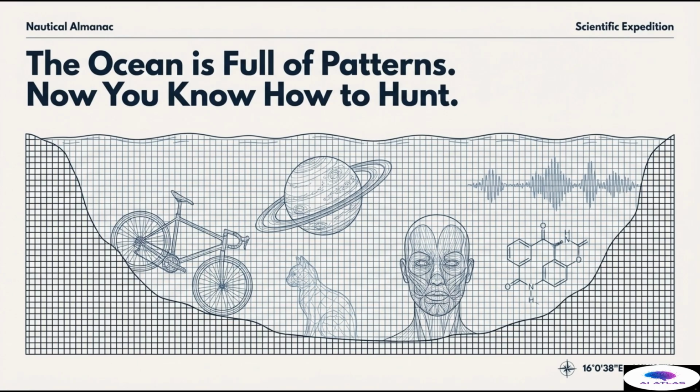The ocean of data is full of patterns, and now you know how to hunt. While we have focused our discussion primarily on image recognition, the fundamental principles of CNNs, the idea of using localized filters to extract hierarchical features, and the use of pooling to achieve translational invariance are universally applicable. These techniques allow us to find structure and meaning not just in pictures, but in any form of organized data.